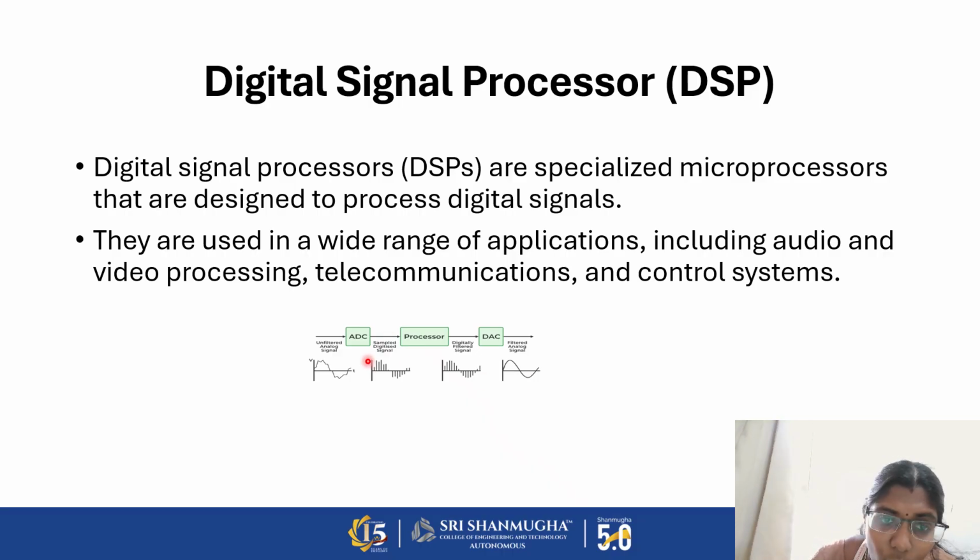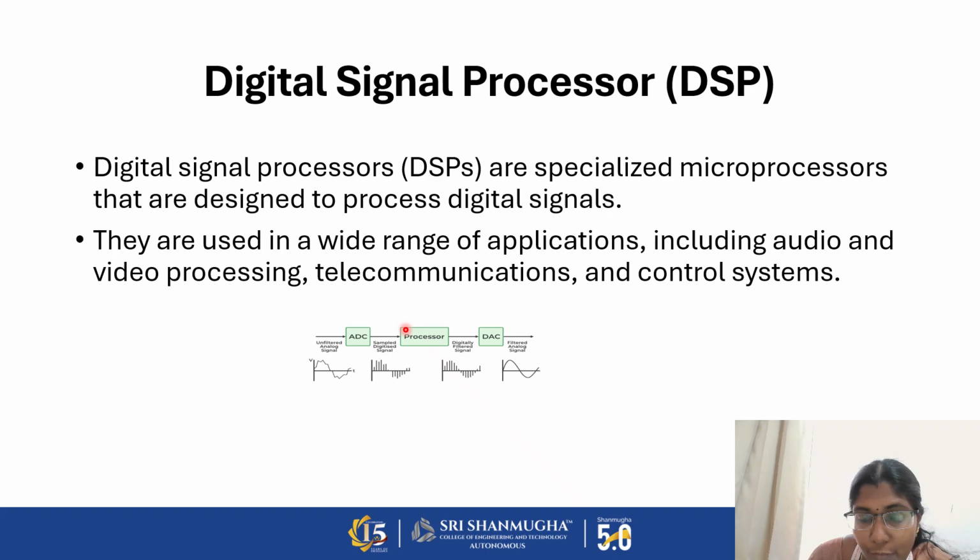This is the block diagram, in which whatever signal you want to give to your processor should be in digital form, because this digital signal processor will only understand digital signals, right?